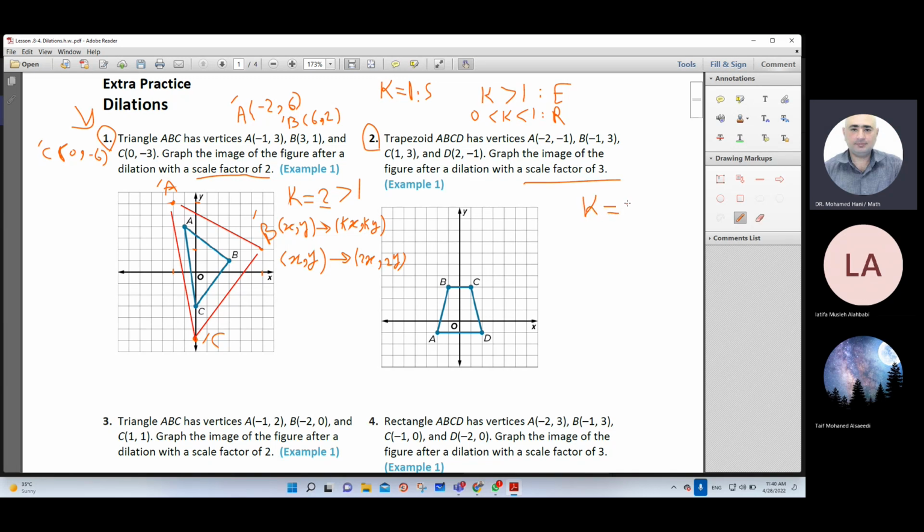Who can tell me what the dilation is here? We have enlarge or reduce or no change, no dilation?